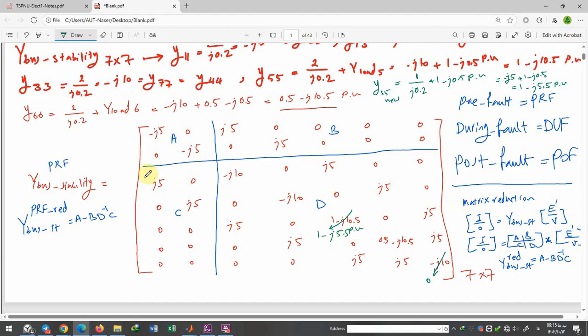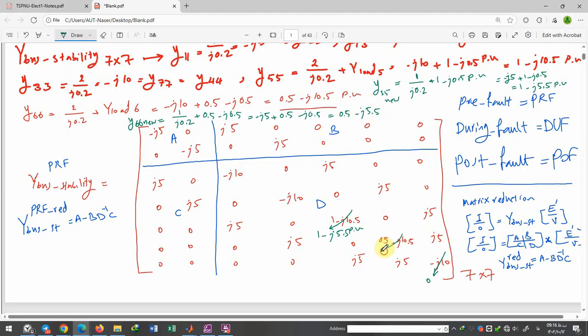Y66 new is equal to 1 times j0.2 plus Y lot 6, which is half minus j half, equal to minus j5 plus half minus j half, equal to half minus j5.5.